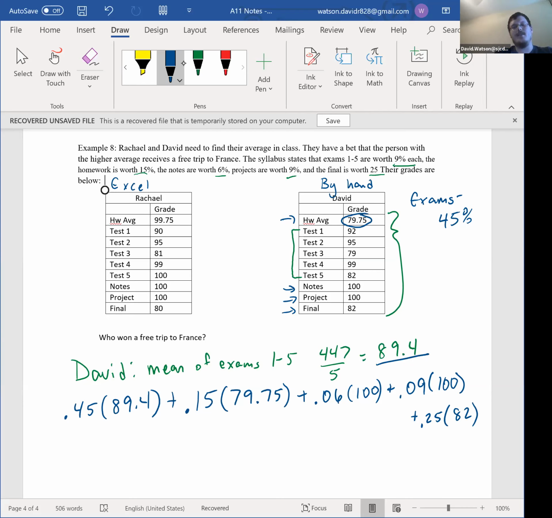All right, so notice that in this calculation, we never actually had to divide by anything. We're just multiplying by the percentages instead of dividing by however many there were.